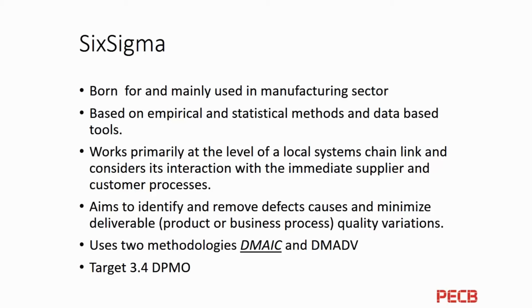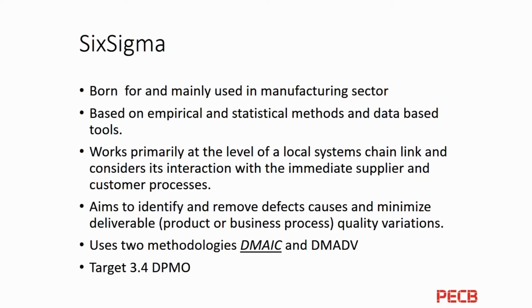Six Sigma. Six Sigma was born mainly for the needs of diminishing the number of variations, of manufactured product variations. So it was born in the manufacturing sector. The way it works is based on empirical and statistical methods, and there are tools that are used for this.